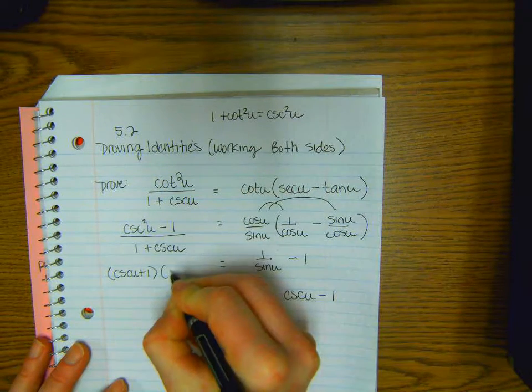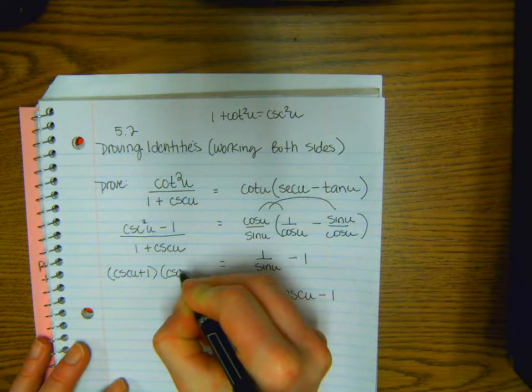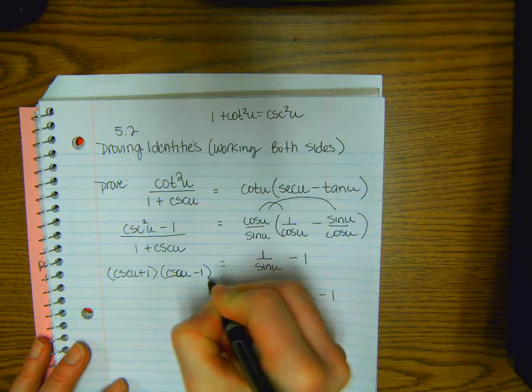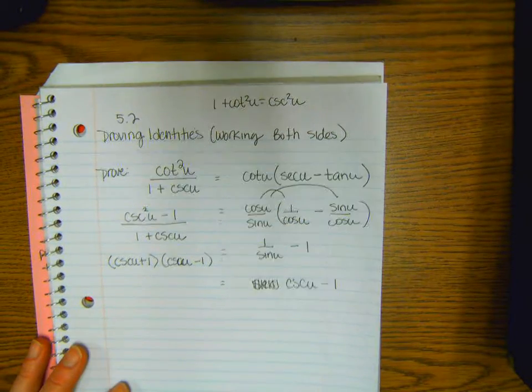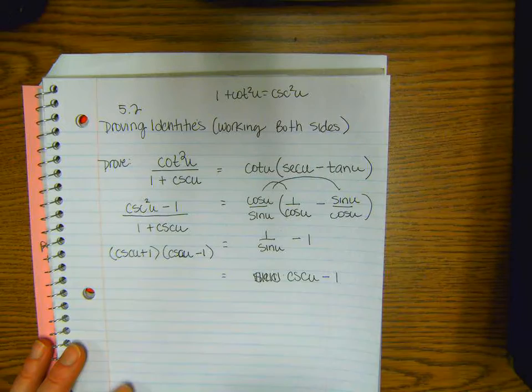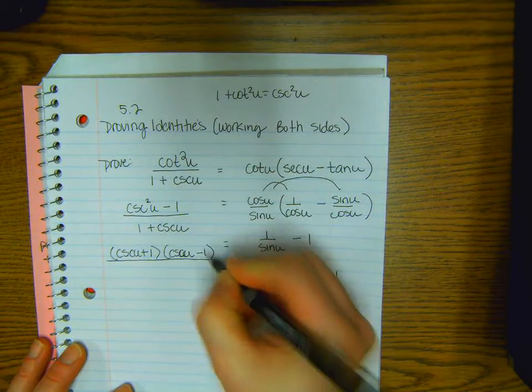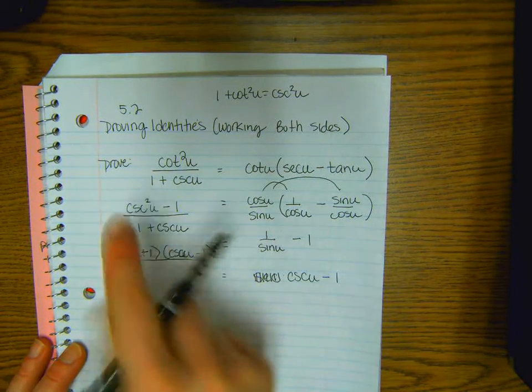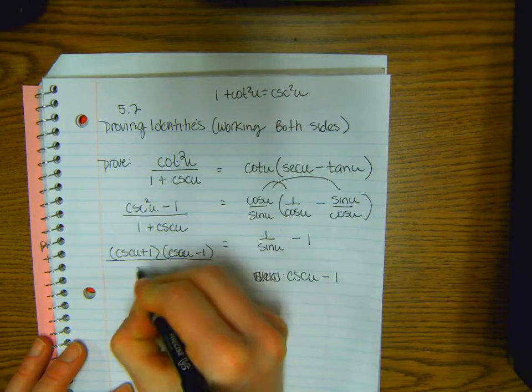Cosecant u plus 1, cosecant u minus 1, and what's on the bottom? Still that, correct? Just so you can see it, I'm going to rearrange the order and write it as cosecant of u plus 1.